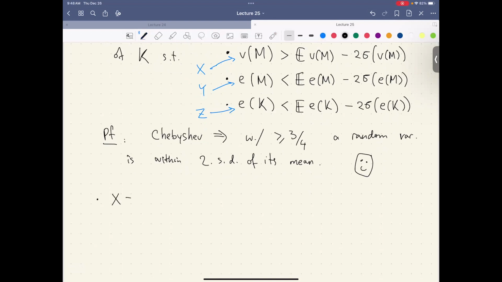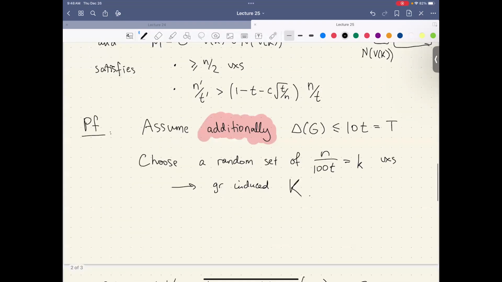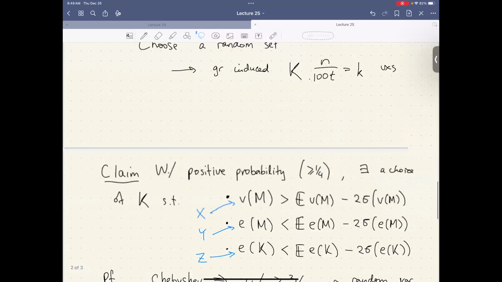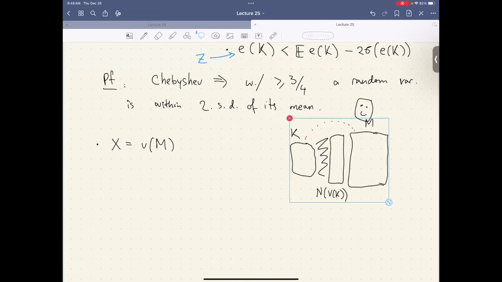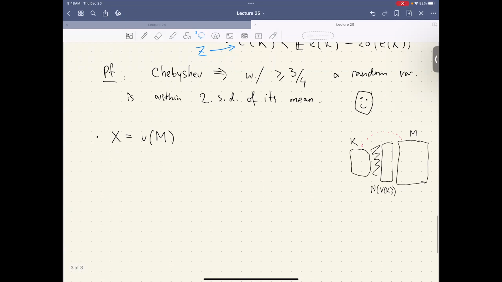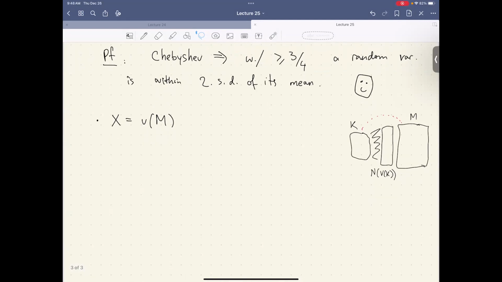Now, recall X is the number of vertices in M. And let's recall this picture. X is basically a sum of a bunch of indicator functions, each one of which is responsible for a vertex being in this random set M. Let's write it down.